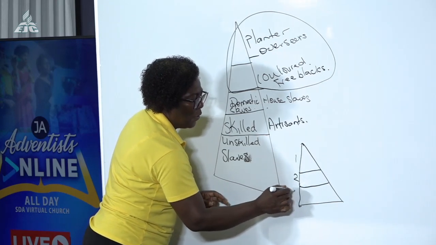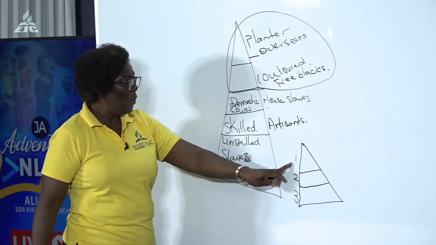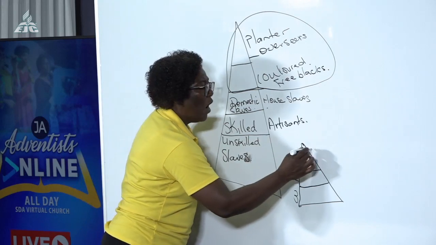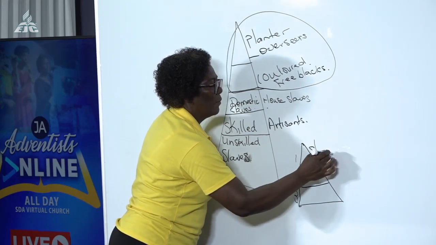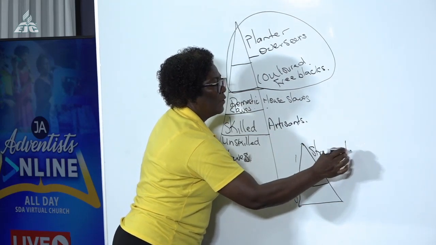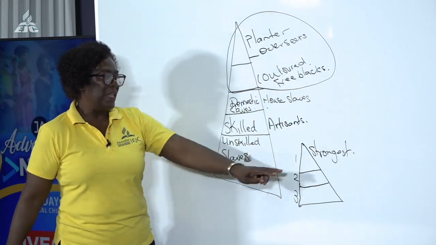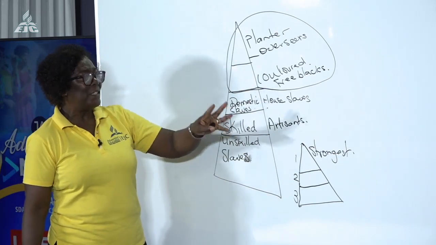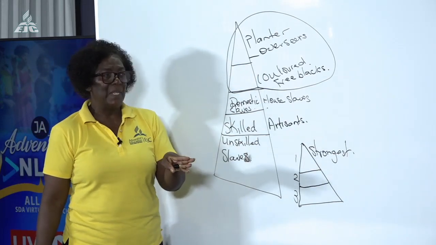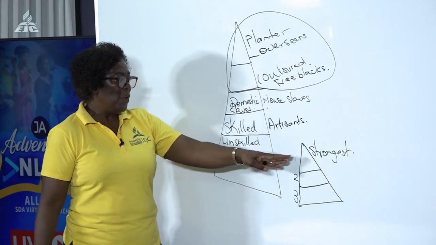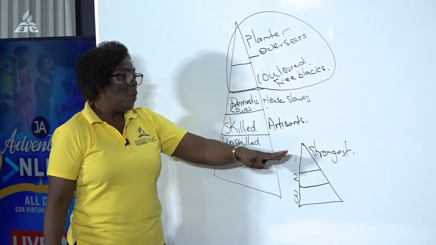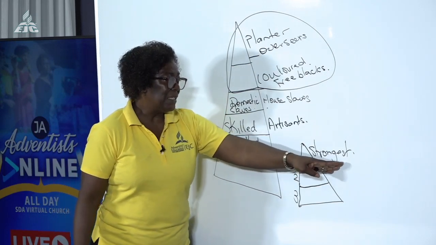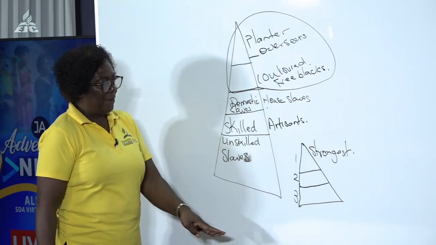1, 2, 3. Now, the first set of slaves, they were the strongest. They would dig the holes to plant the canes. They would cut and clear the woodland, because on the plantation you have a separate section called a woodland area.